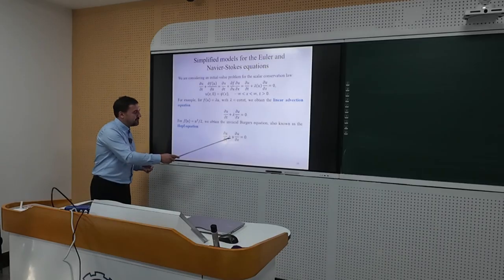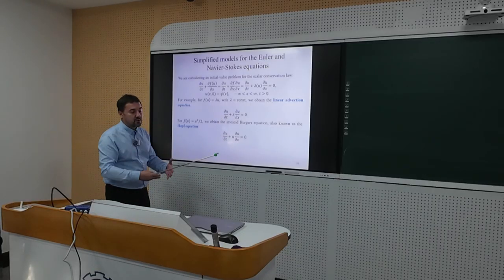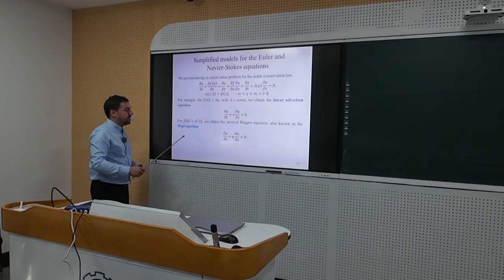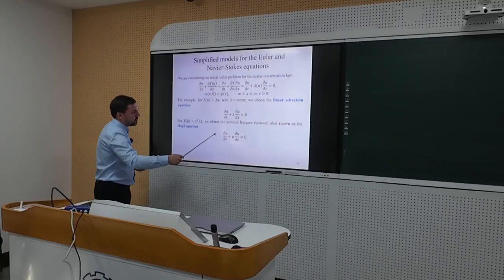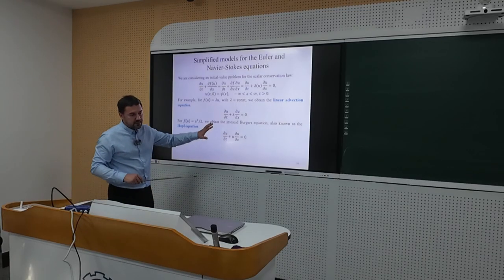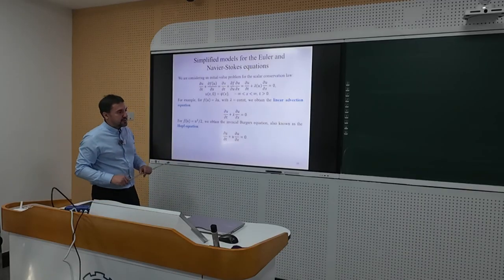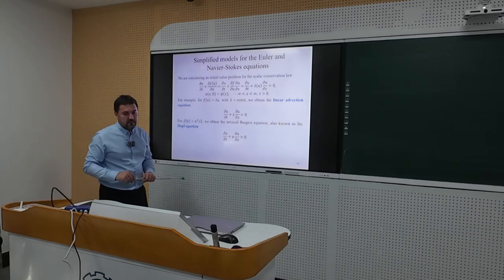Here, the speed of propagation of disturbances is not a constant, but depends on the solution. Today's lecture is about the properties of the solutions for this equation. The properties are much more difficult in comparison with just the linear advection equation.